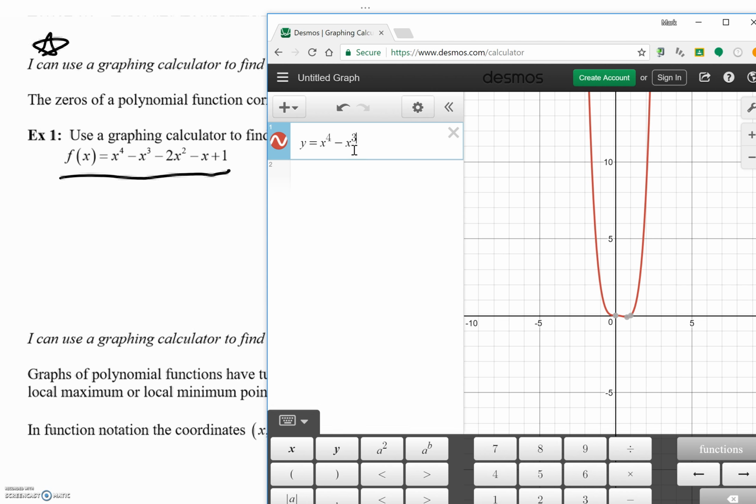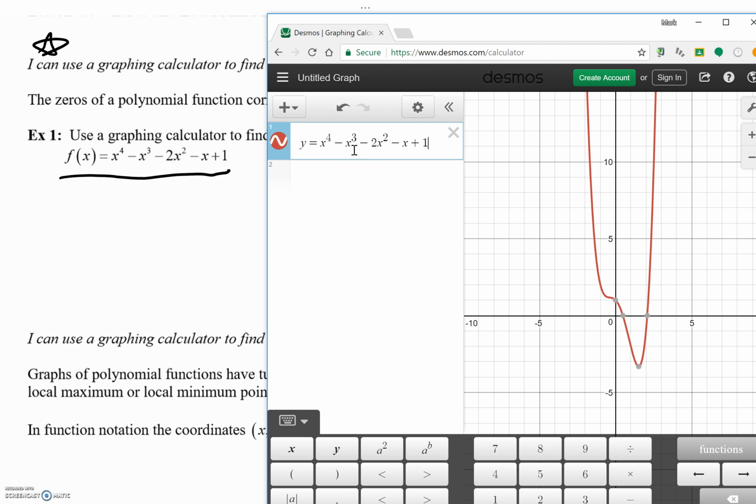Bump that up to a 3. Right arrow. We'll say minus 2x. And then again, keep hitting shift 6 to go up to a power, and you just keep hitting that right arrow to bring your term back down so that you can write things out. Look, guys, right now, we've got everything graphed.